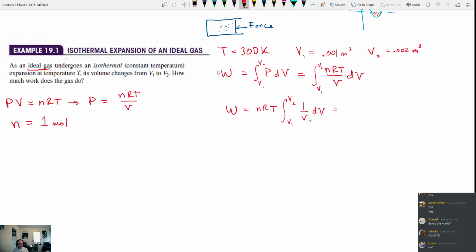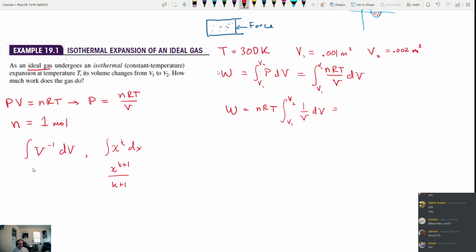Did I talk about this in this class? I can't remember if I talked about this in this class or another class, but why can't we just use the power rule here? I know someone had this question. Someone thought the integral was going to be 1 over V squared or something like that. The reason you can't use the power rule is because what we're doing is the integral of V to the negative 1 dV. What does the power rule say? If you have the integral of x to the k dx, the power rule says you do x to the k plus 1 over k plus 1, right?